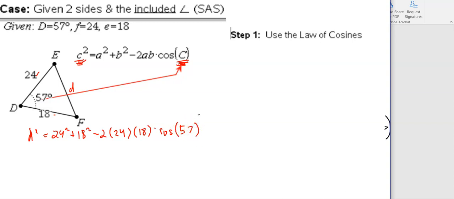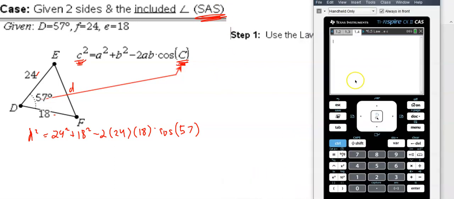Now, the nice thing about the SAS case, which is what this is, once you set it up, I mean, my goodness, you just type it in your calculator. What could be easier than this, right? So set it up, so we just type in 24 squared plus 18 squared. Make sure you're in degree mode, of course I am.